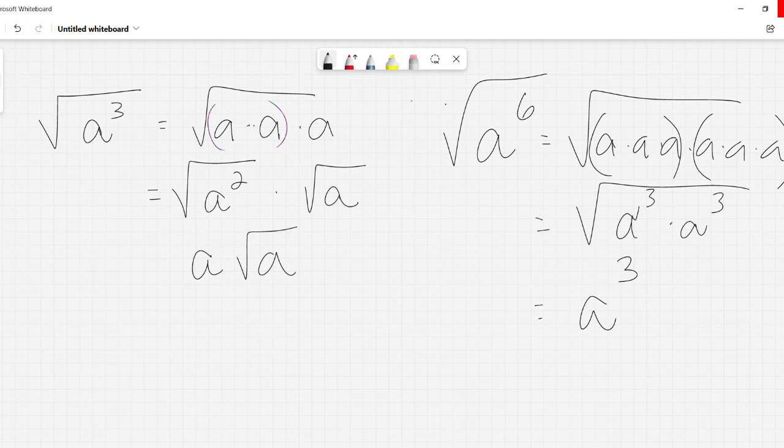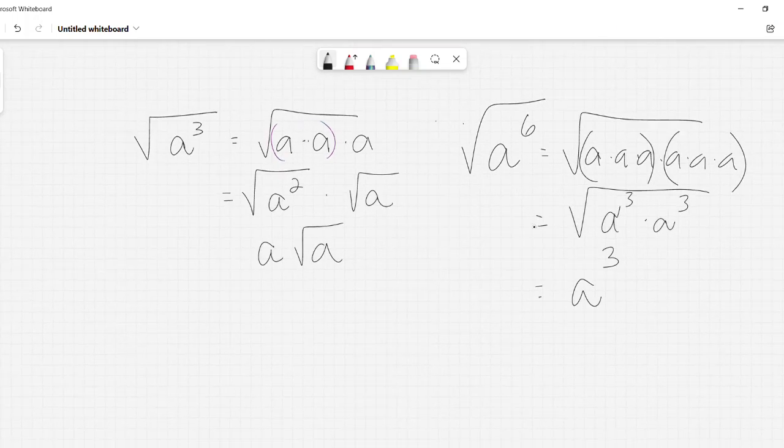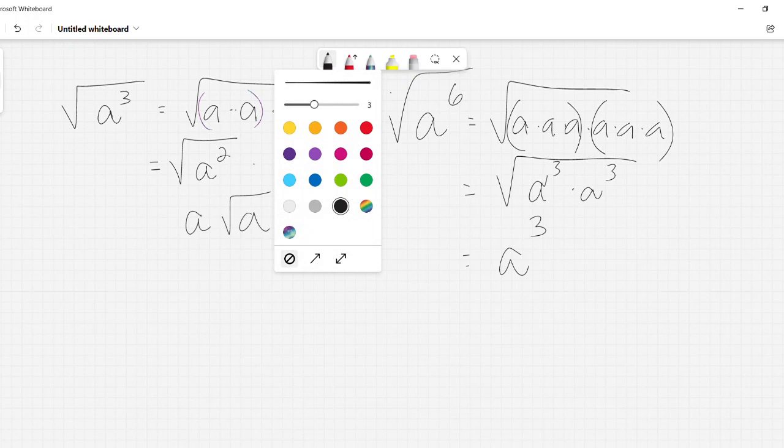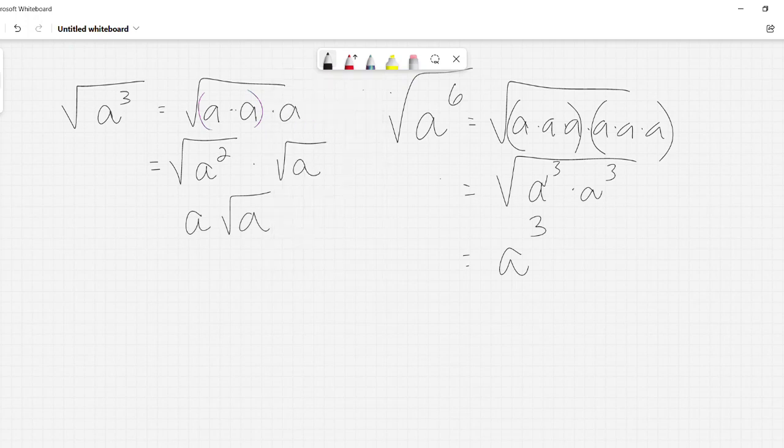Okay. So the pattern that's happening here, and hopefully you're starting to see this, is in these examples. Like here, square root of a to the 6th, a cubed. What happened there? Divided by 2. This was an even number, divide by 2, and I get my square root. What happens over here? A cubed is not even. That 3 is odd.